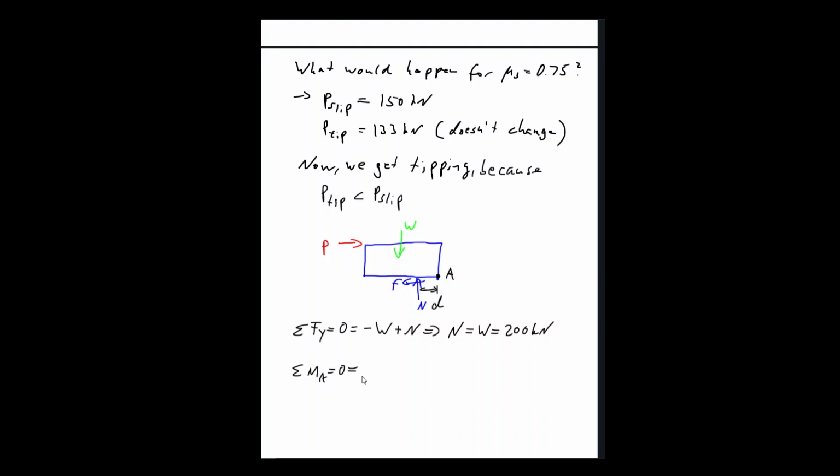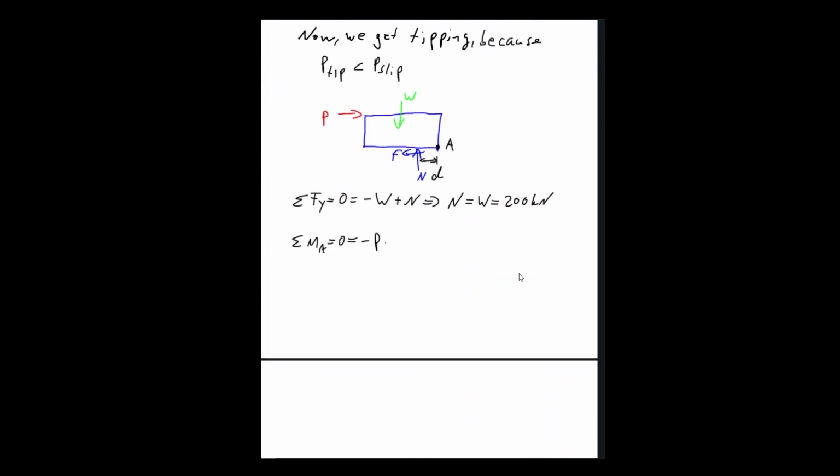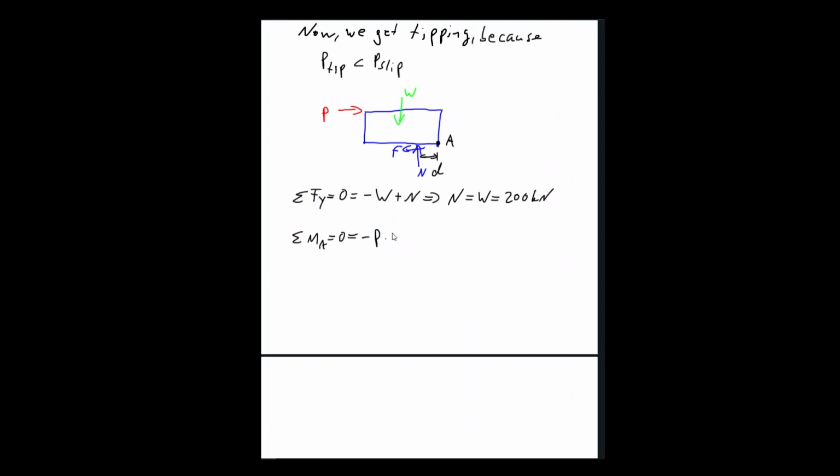And that is equal to, let's see, now F goes through A, so it doesn't have a moment arm. P does not go through A, and that's going clockwise, so minus P times, what do we have here? 3 meters, that was the height. 4 meters was the width, remember that.